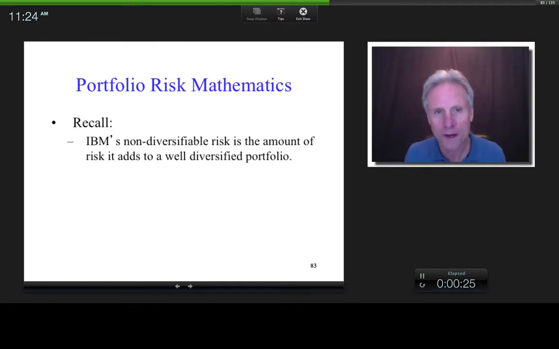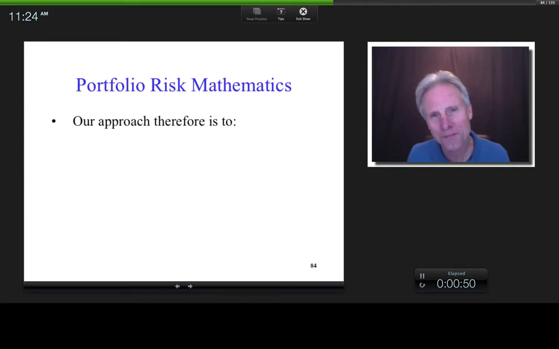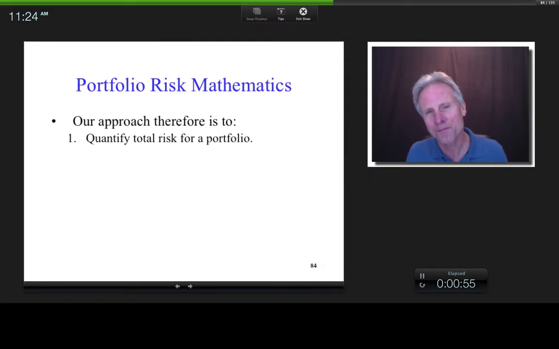We want to quantify the non-diversifiable risk because that's the relevant risk when it comes to what in particular? That pricing sentence, right? For more non-diversifiable risk, we require more return, and that return is the discount rate, which is what we're trying to figure out, the discount rate for financial securities. So here's what we're going to do. Basically, we're going to take a look at a portfolio, and we're going to say, well, when we have a portfolio, how much is the total risk of that portfolio?